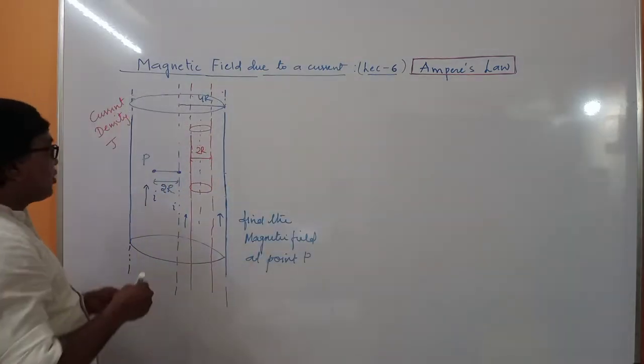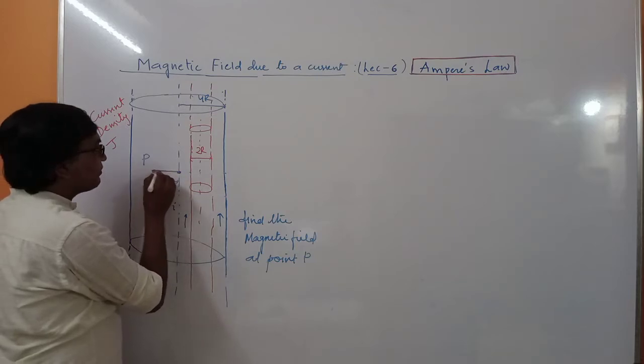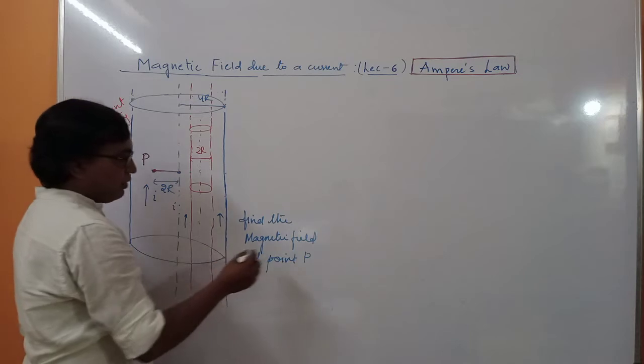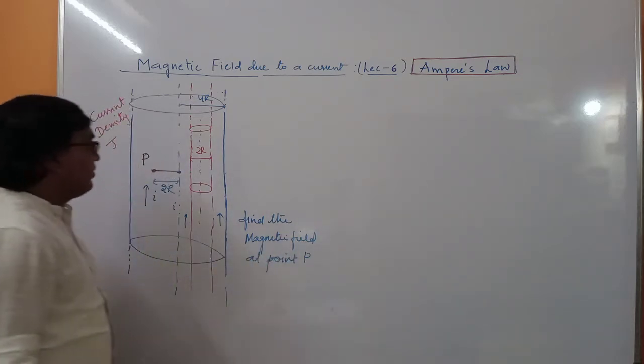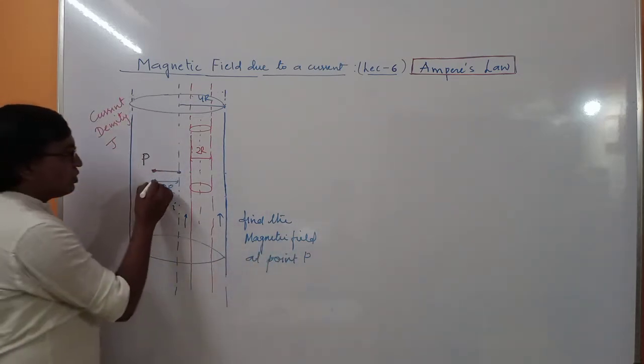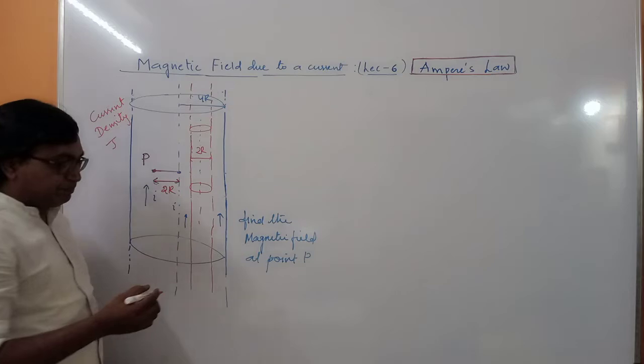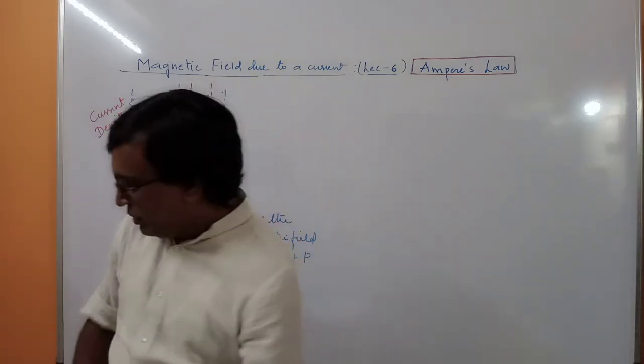Okay, we have changed this point, so this is point P. Find the magnetic field at point P. Okay, so this distance is 2r. If you want to try, you can try. Okay, try.